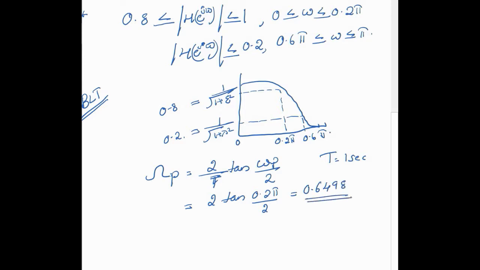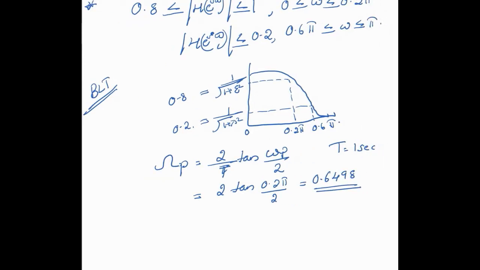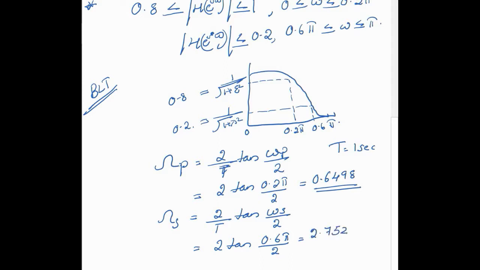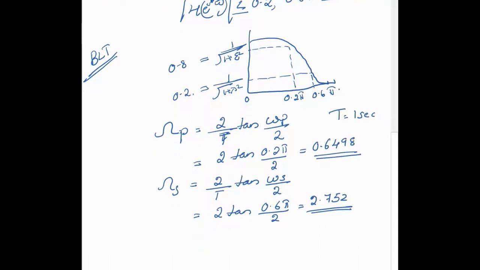Don't forget to put your calculator in radian mode. I'm repeatedly telling you. Omega s is equal to 2 by T tan of omega s by 2, that is equal to 2 tan of 0.6 pi by 2, that is equal to 2.752. Okay, now you got omega p and omega s.